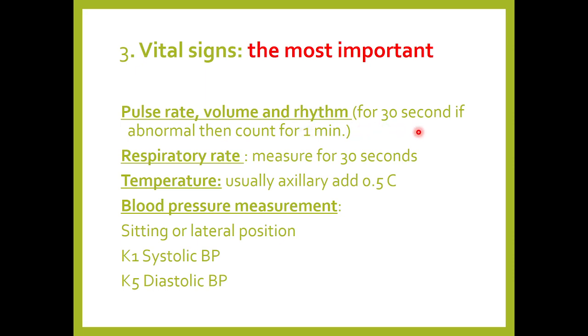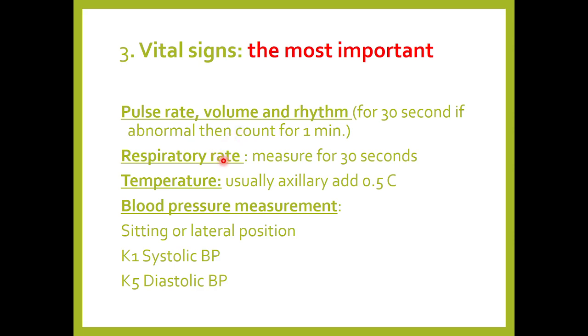You measure the rate for 30 seconds, and if there is any abnormality, you count for 1 minute. If you measured for 30 seconds, you will multiply by 2. So let's assume that it was 35. We multiply by 2, so we say that the pulse rate is 70 beats per minute, regular, good volume.